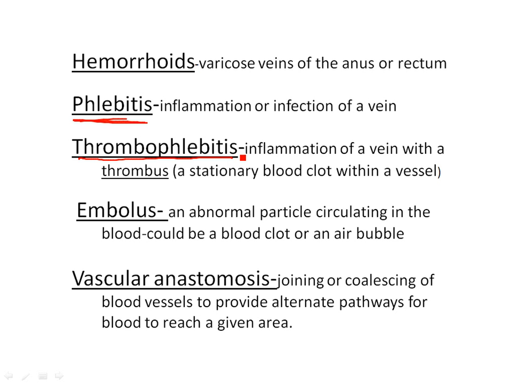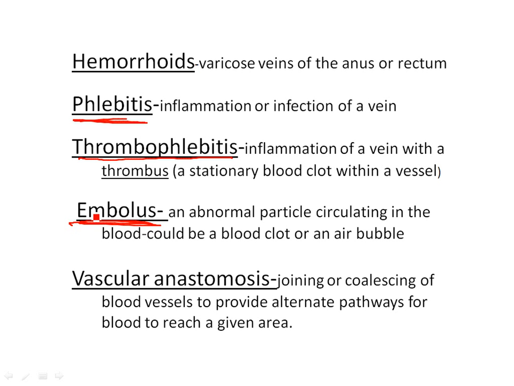But the real danger is this clot, this thrombus. It's stationary now, but what happens if it breaks off and moves around and goes up to your heart or your lungs or your brain? When it does that, you get what's known as an embolus. That's an abnormal particle, usually a blood clot, but it could be a gas bubble or something else.